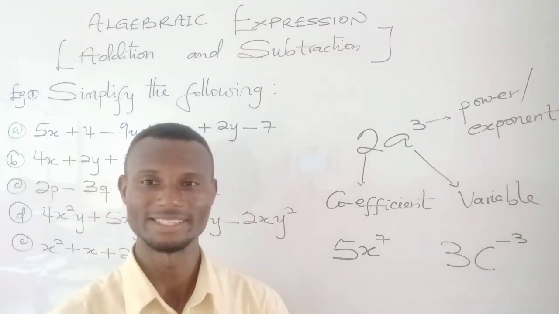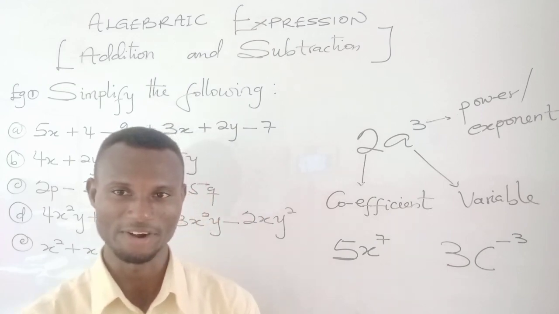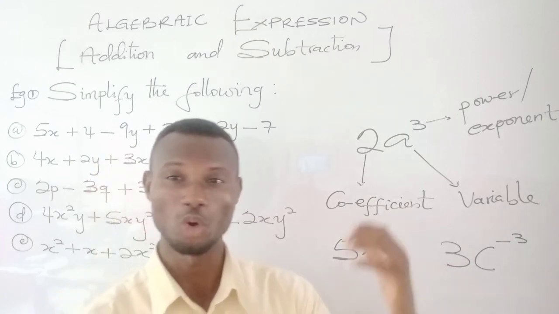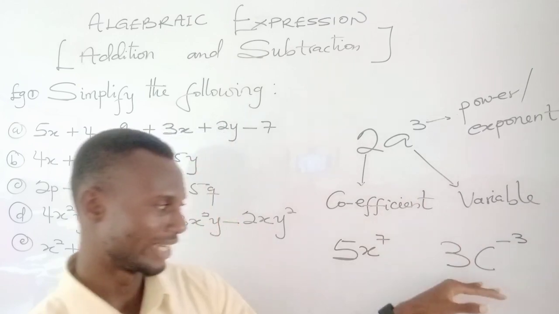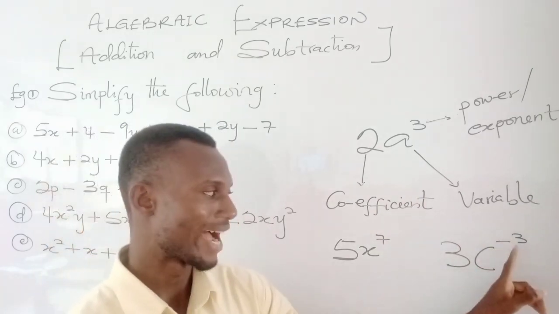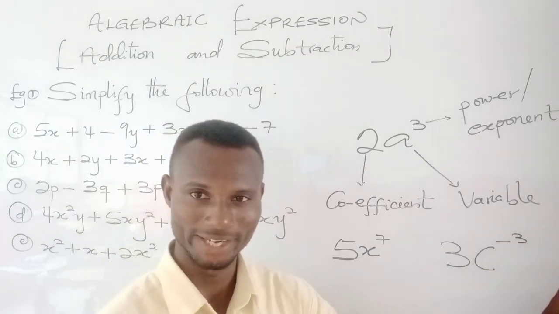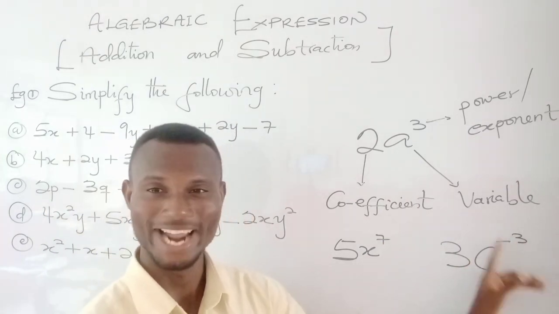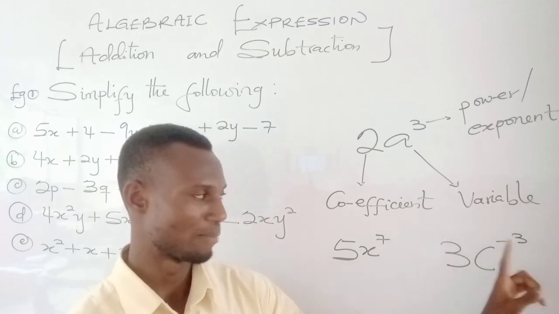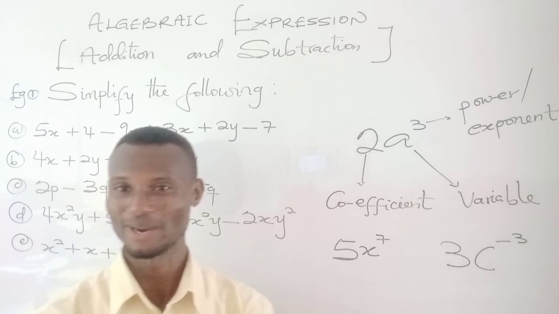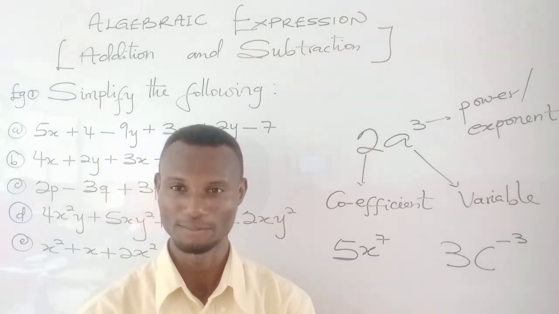The coefficient is the number in front of the variable. The power or the exponent is the number on top of the variable. So in this case, the coefficient is 3 and the power is minus 3. Take note of the sign. It is minus 3 and not 3. So the power here is minus 3. I hope the explanation is clear enough up to this point.